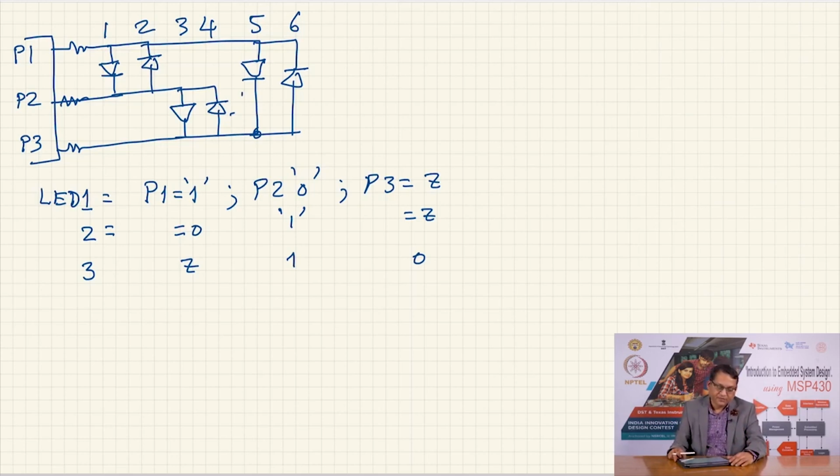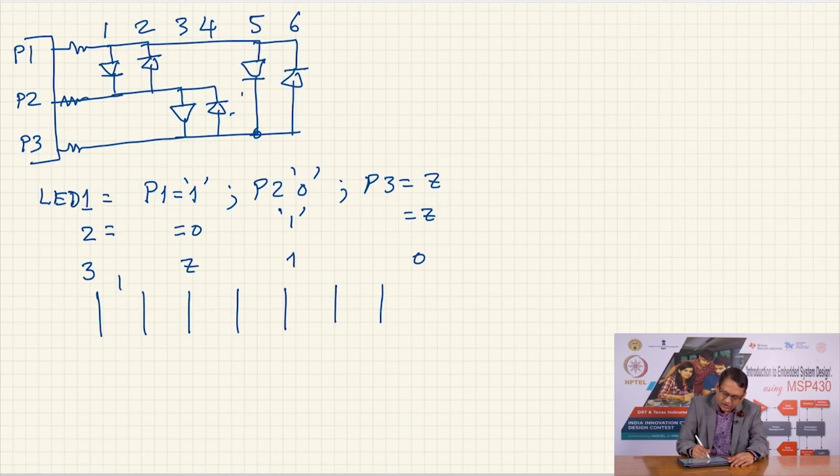Now, what is happening is, at any given time, since only one LED is on, you have time slot 1, 2, 3, 4, 5, 6, and another time slot 7, 8 and so on.